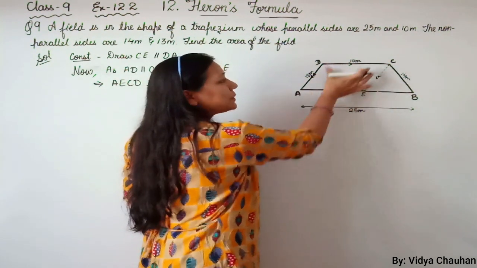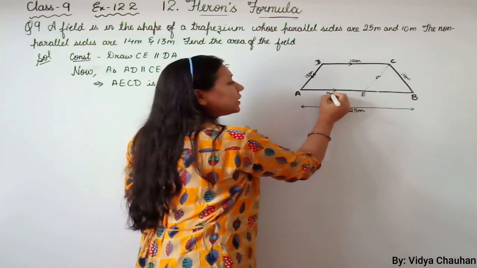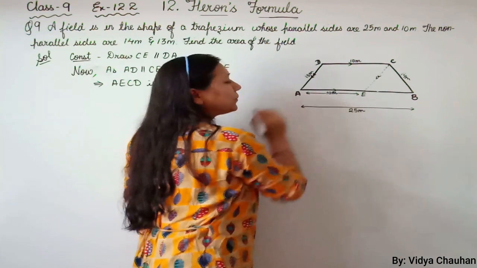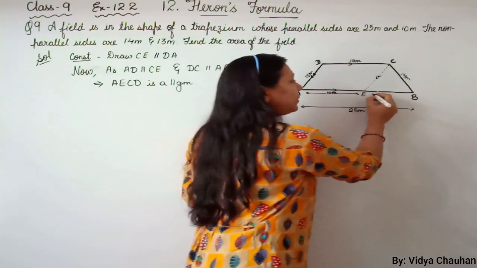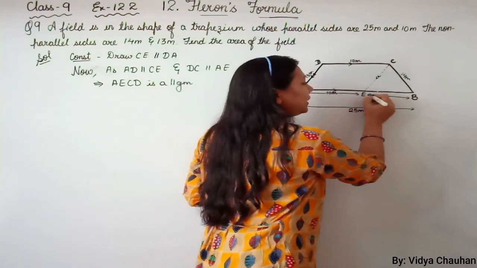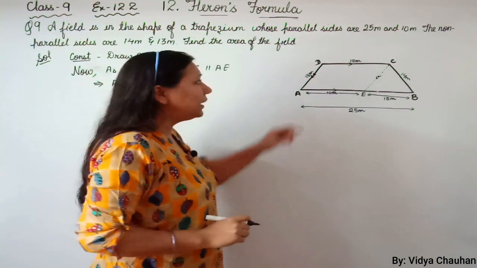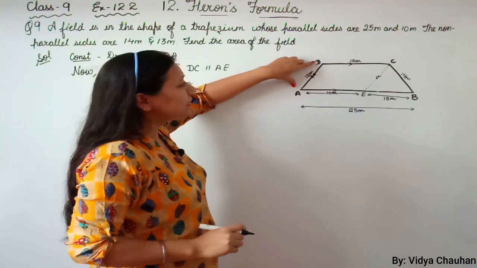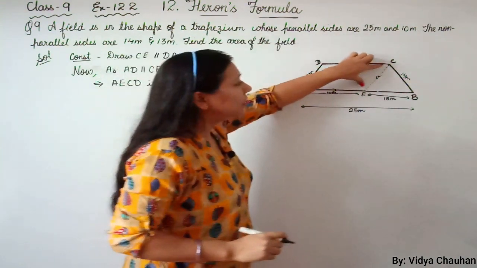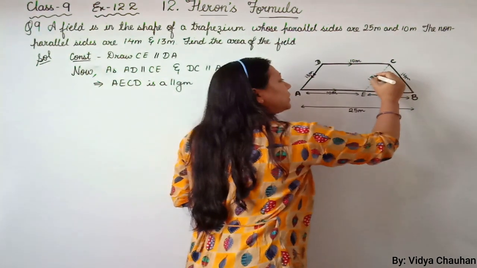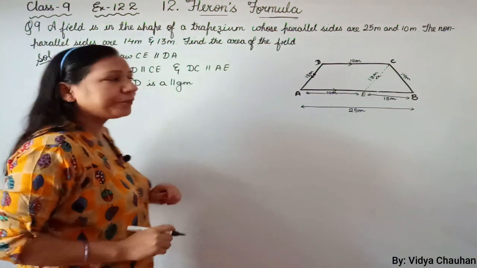Since AE is parallel to CD, our AE will be 10 meter. And then what will be the dimension of EB? Yes, EB will become 15 meter. Similarly, on this parallel side, since AD is 13 meter, CE is also 13 meter.